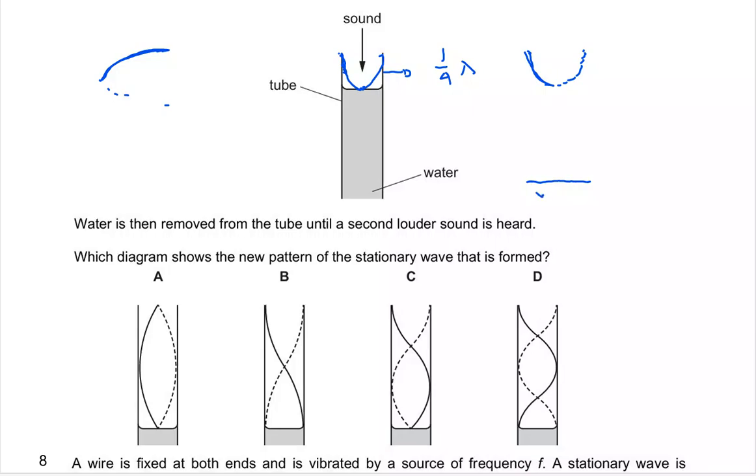So this is the new surface of the water, and the particles that lie on the surface here can't go anywhere, and then it's referred to as node. So this is node, the first node we draw here.